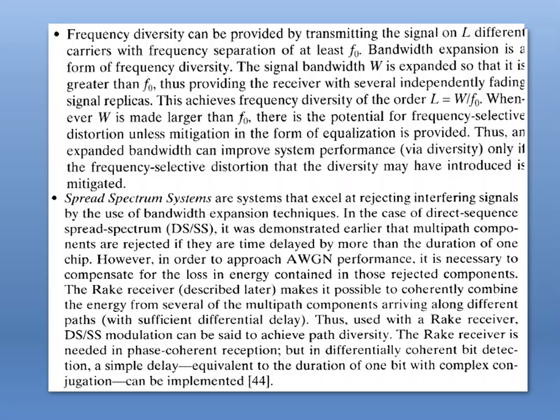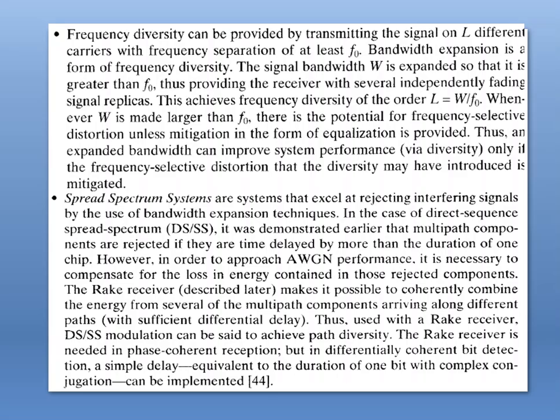Spread spectrum systems excel at the rejection of interference signals by use of bandwidth expansion techniques. In the case of DSSS, it was demonstrated earlier that multipath components are rejected if they are time delayed by more than the duration of one chip.